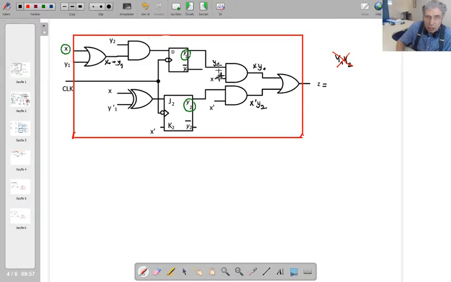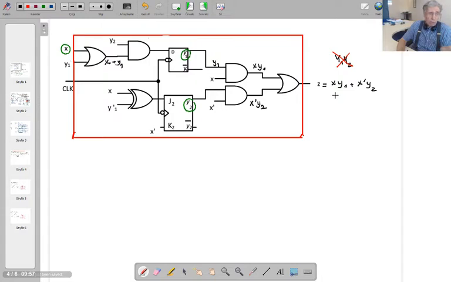The multiplication of those two is the AND gate. Output is going to be X y1. For this AND gate, one of the inputs is y2, the other input X prime. So the output of the AND gate is X prime y2. The summation of those two gives me my Z function. That is X y1 plus X prime y2. So that's my output function.